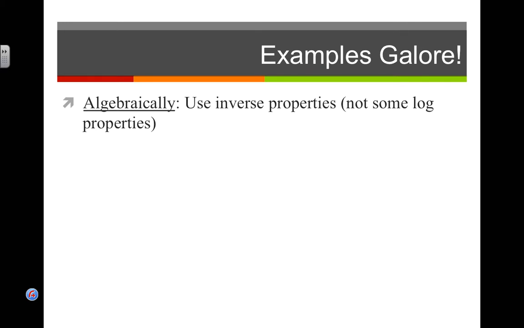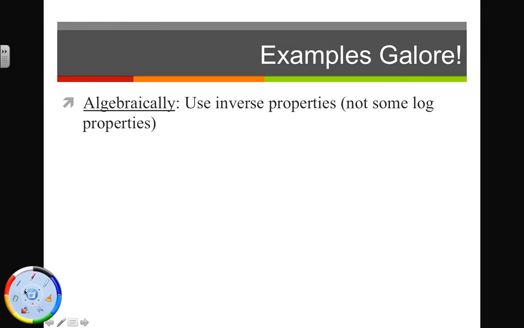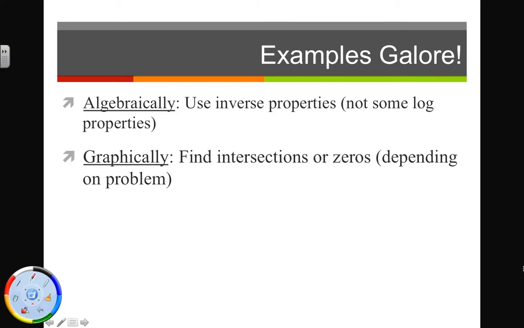All right, so in order to solve things algebraically, you need to use inverse properties, not our log properties as in the previous lesson. Our log properties are not the ones we want to be doing here. You could also do it graphically, where you would graph 2 different equations and find the intersection points, or finding the zeros if you set it equal to 0.